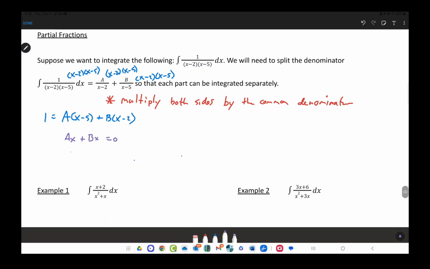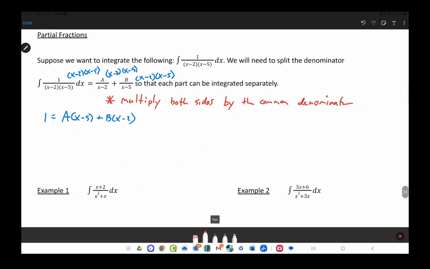And negative 5A minus 2B should equal 1, because that's your constant. Then you have your 2 by 2 matrix and you can solve for A and B that way. But don't do that. There's a shortcut.